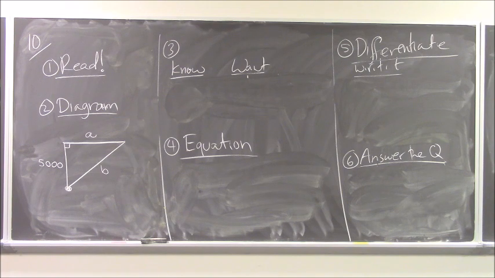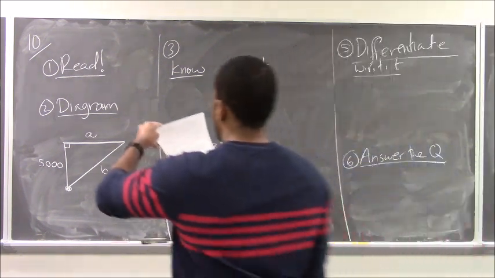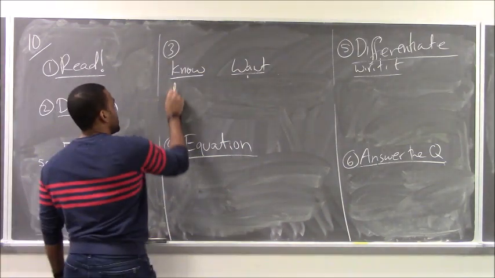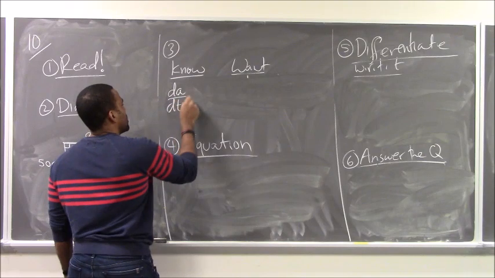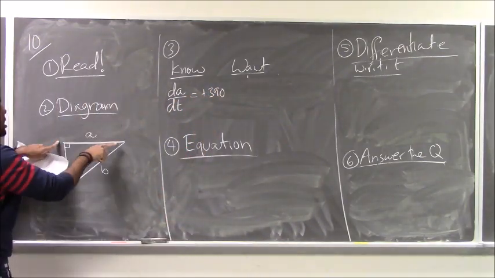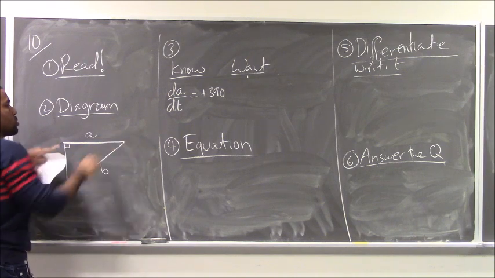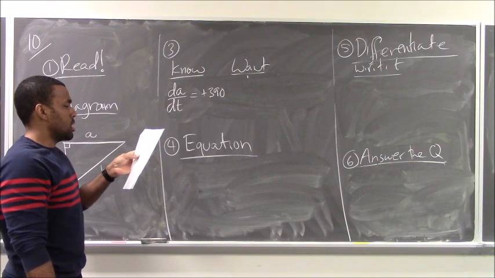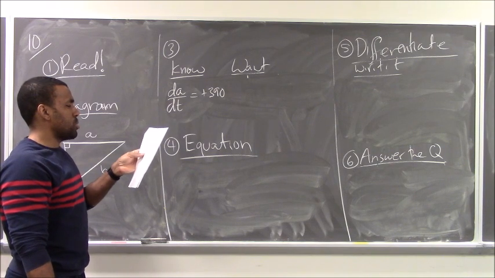Okay, 3, 2, 1. Okay, so let's go in. We know that he's cruising at 390 feet per second. That tells me that dA/dt is positive 390. I call it positive 390 because I'm assuming Superman is flying this way, so A is getting larger, it's increasing. How fast is the distance from Superman to the house changing?